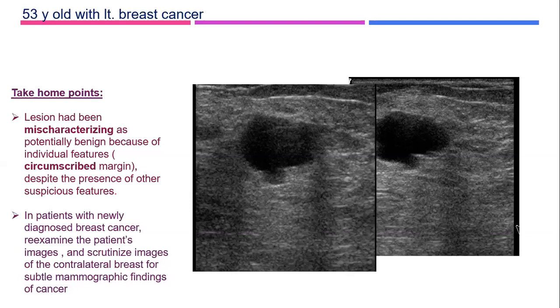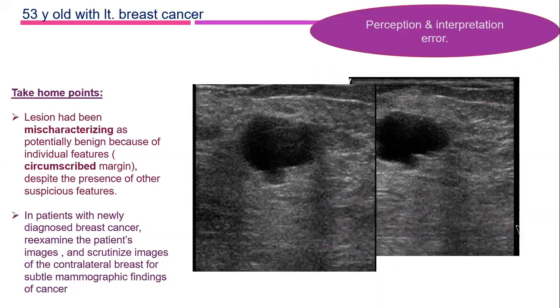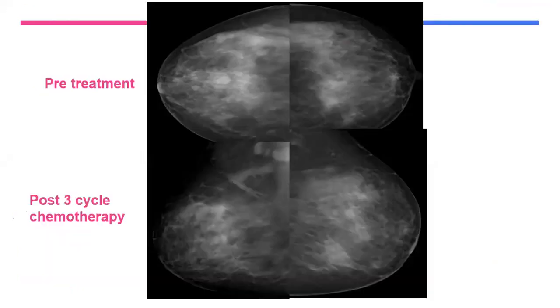And so in a patient with newly diagnosed breast cancer, we have to re-examine the patient's images and scrutinize the images for ipsilateral or contralateral malignancies. Okay? And this is both a perception and misinterpretation error: perception of these subtle findings and misinterpretation.